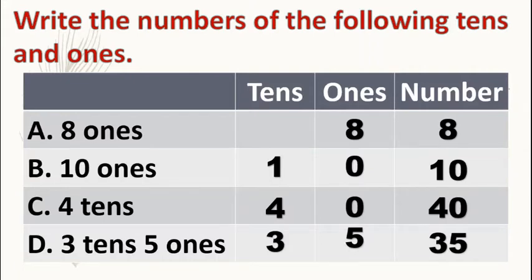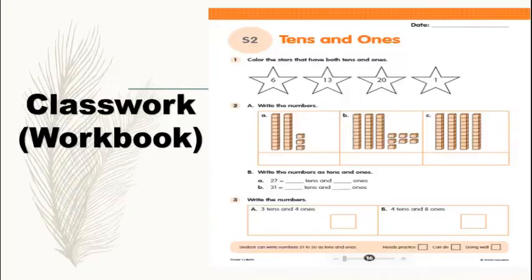Now that you know how to identify the number using the tens and ones place value blocks, I want you to get your workbook and turn to page 16, sit work number 2, tens and ones.